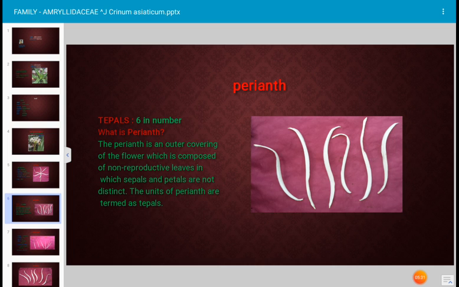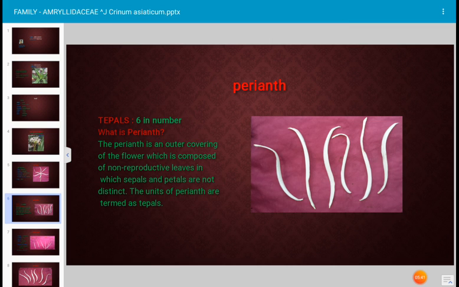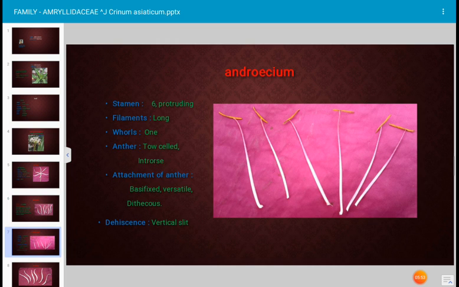The units of perianth are termed tepals. Okay, that is called perianth. When the calyx and corolla are not distinct in the flower, the whorl of the flower is described as perianth, and there are 6 lobes of perianth, and each unit of perianth is known as a tepal. There are 6 tepals. Okay, next.